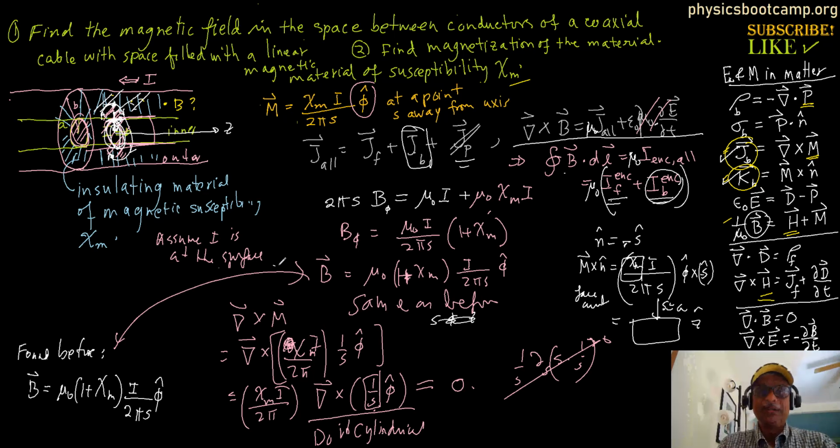So you can do it two different ways. You can just find M, then find all the currents, and then do Ampere's law for B. Or you can not find all the currents, just work with the free current and find H, and from there find B using M proportional to H, because in a linear material M is proportional to H.